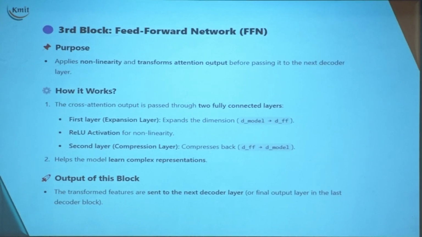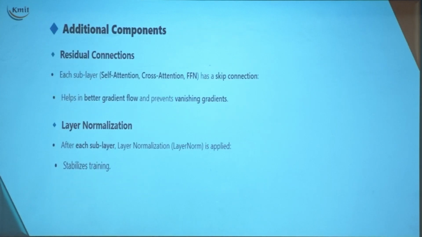Now this is again given to the feed forward network, which applies non-linearity and transforms the attention output before passing it to the next layer. The cross-attention output is passed through two fully connected layers: one fully connected layer, ReLU, another fully connected layer, and the output of this block is given to the next decoder layer, the stacked decoder layers. In this way I get my translation done.